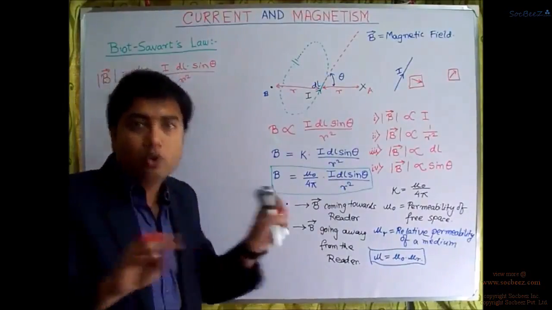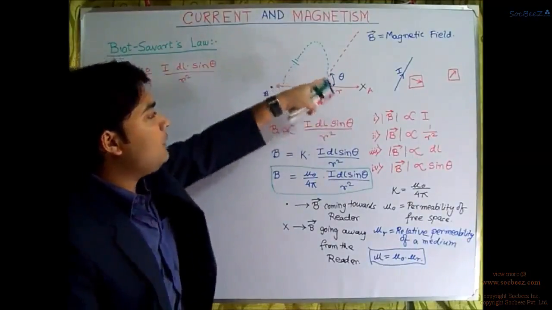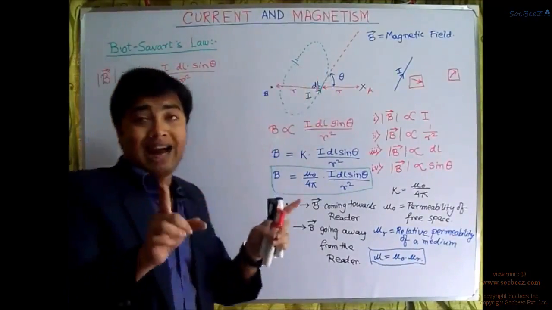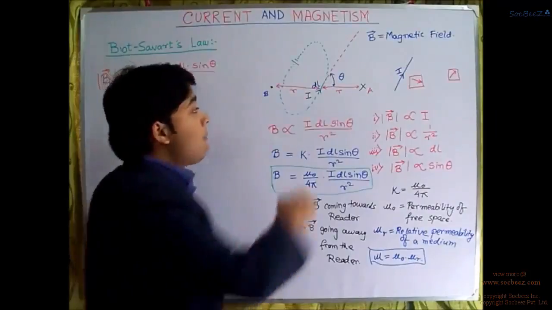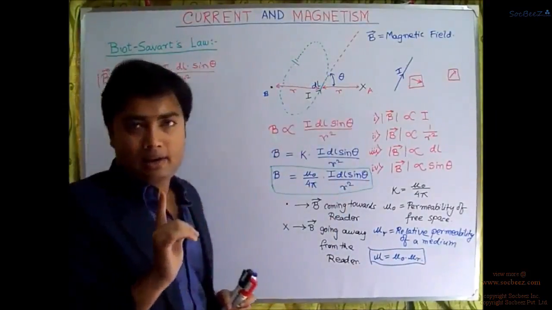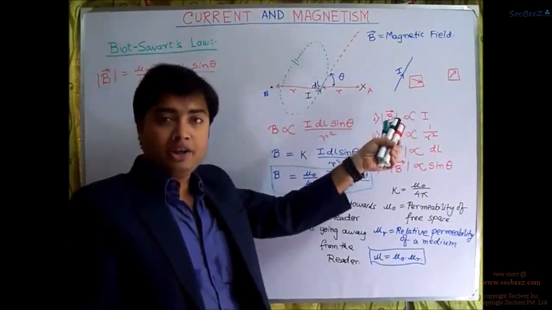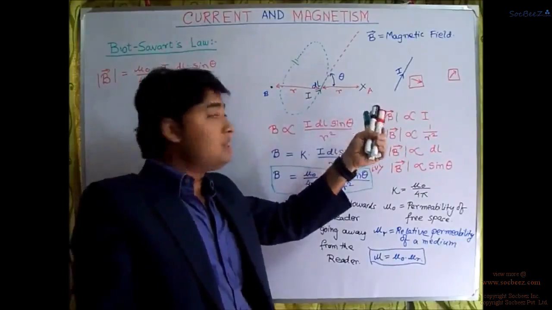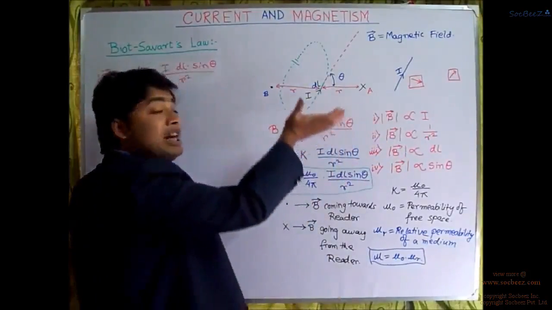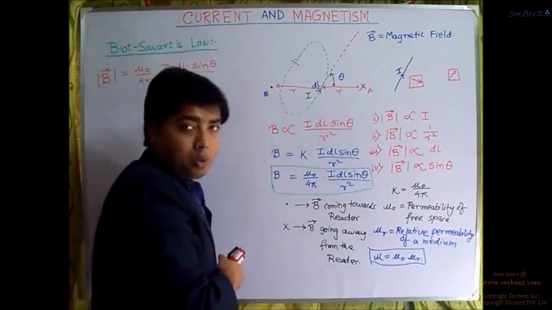No, absolutely not. Why? Because the theta given here is between r and dl, not between I and dl. This is between dl and r, right? And by convention, theta is taken positive in the anti-clockwise direction.